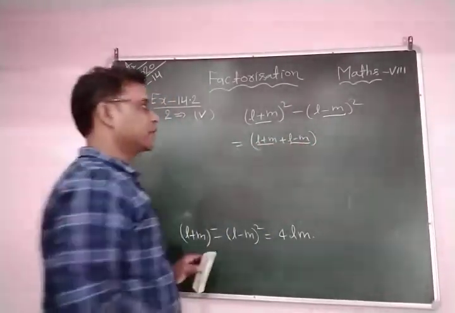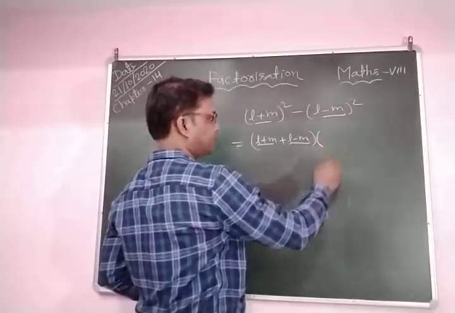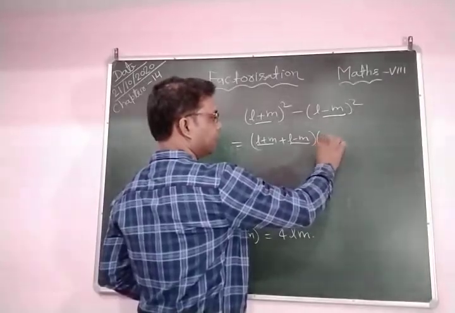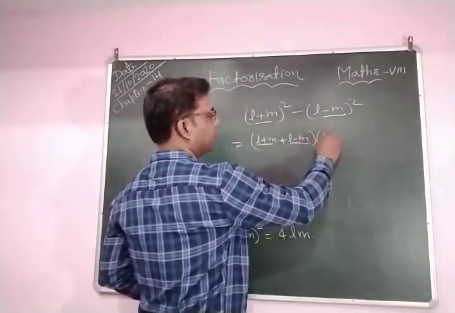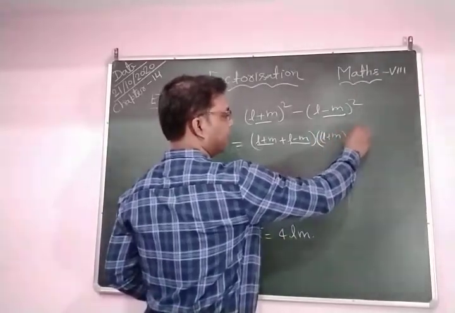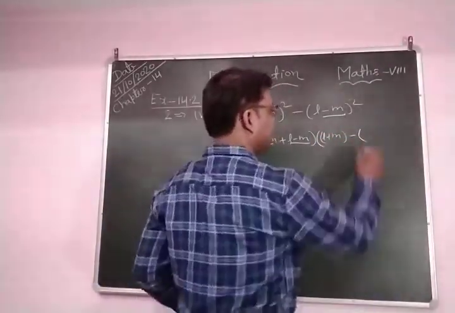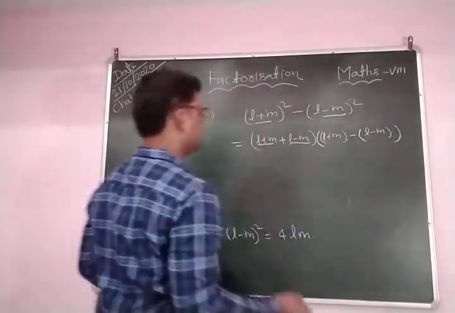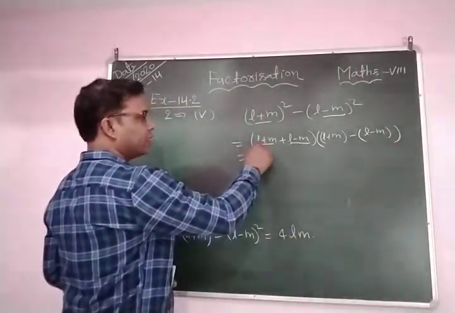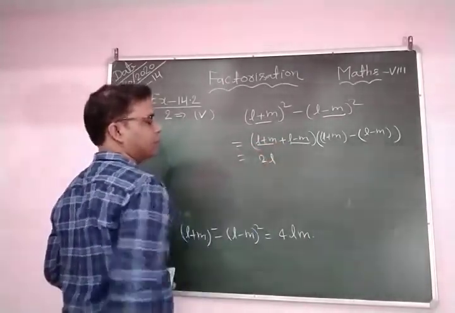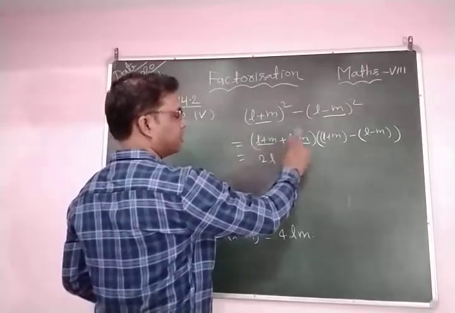In the second bracket we write a minus b: a is (l plus m), again minus (l minus m). Clear? So here you can see l plus l is equal to 2l, and m minus m is equal to 0.